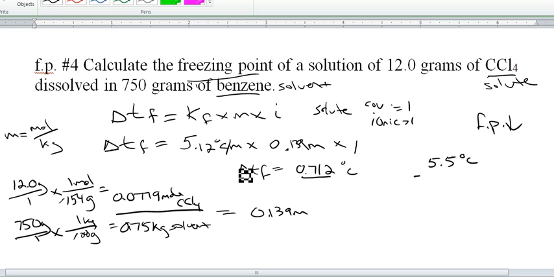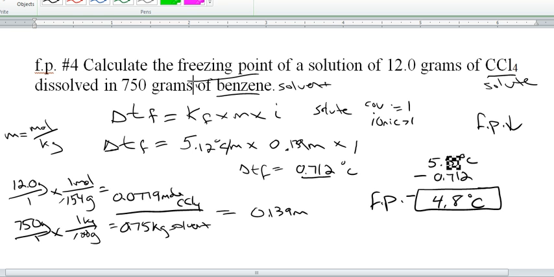So we then need to take 5.5 and subtract 0.712. Because we are left with only a tenths place with the 5.5 originally, we have to round to the tenths place when we subtract. And so this should be our freezing point of this solution, 4.8 degrees Celsius.